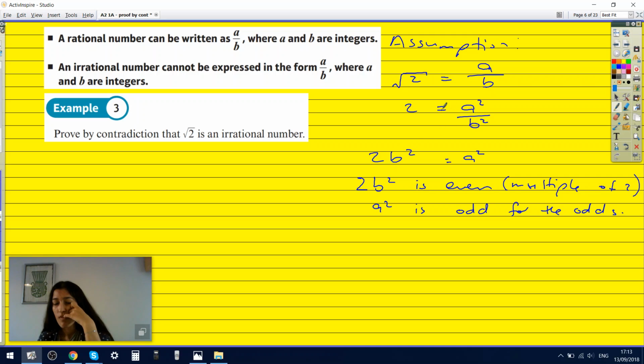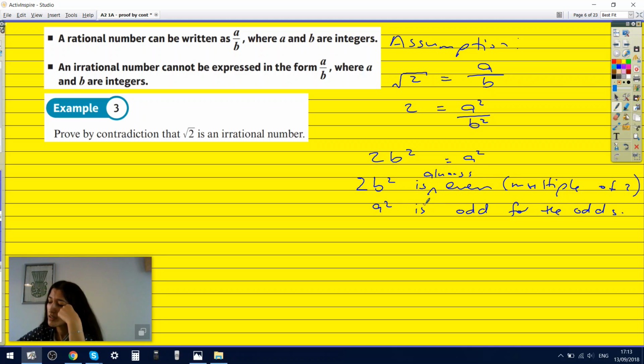So we assumed, in reality, the square root of 2 does not equal a over b. Yeah, true. And so what we've done here is we've almost proven the contradiction. So we've said 2b squared is always even because it's a multiple of 2.